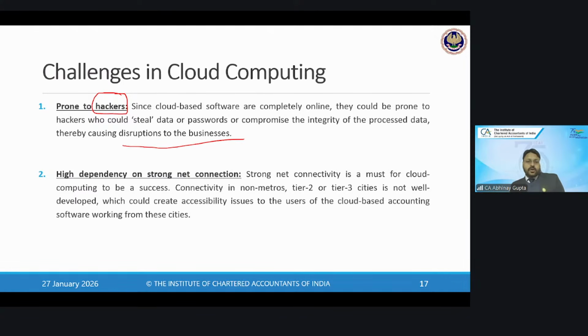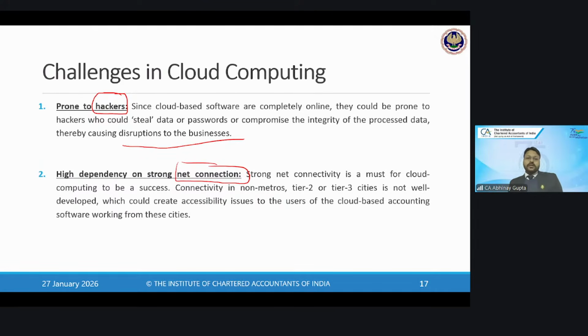High dependency on strong internet. If you are in an area where the internet connection is not good and fluctuates, then what will happen? You will not be able to work smoothly, right? So it is highly dependent on a good internet connection.